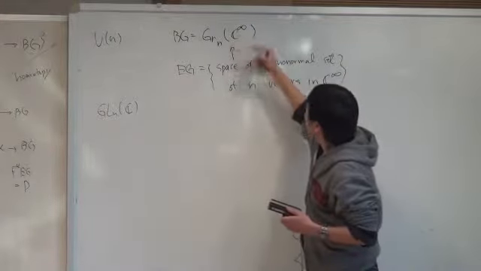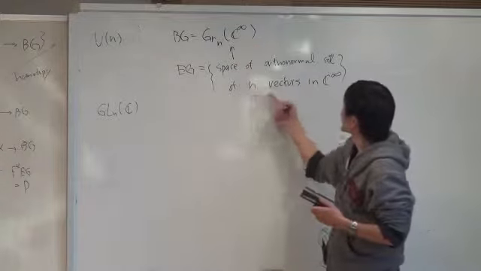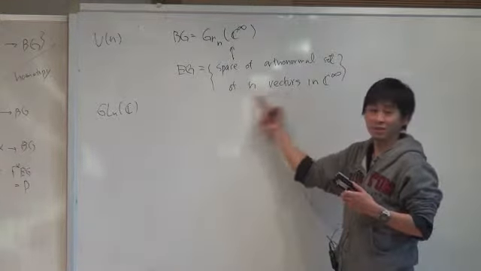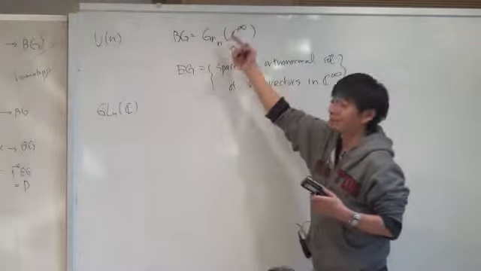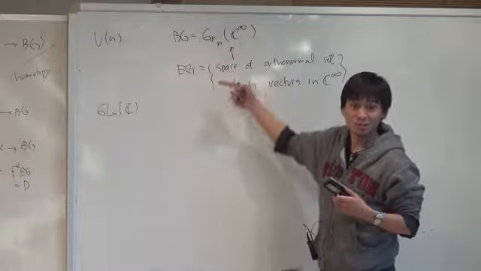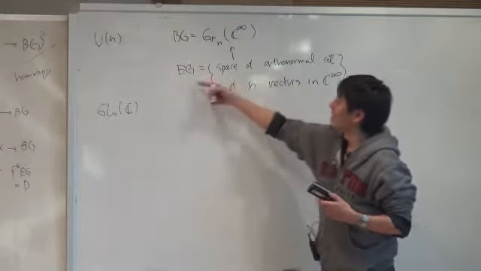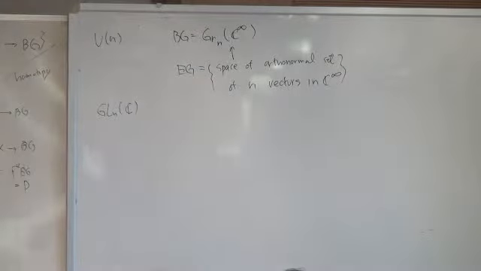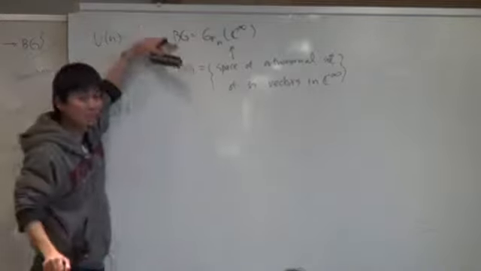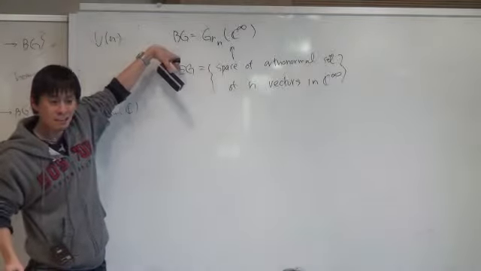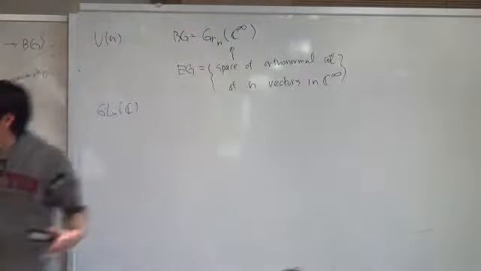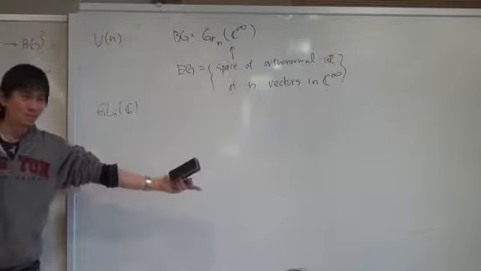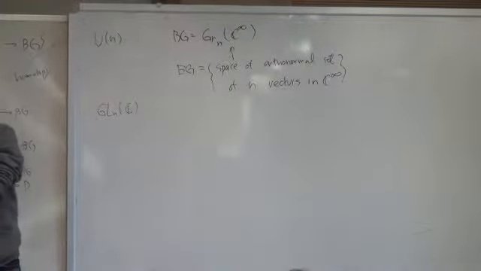So for the natural map from here to here, just look at the space spanned by these n vectors. That gives you a point in here. This is a UN bundle. And you can actually prove this EG is weakly contractible. You can also prove that there is a cell decomposition of this space, and the Whitehead theorem tells you that weakly contractible with a cell decomposition means it's actually contractible.